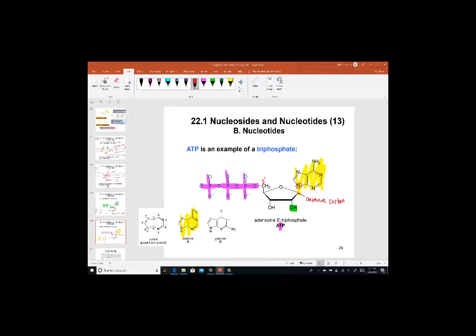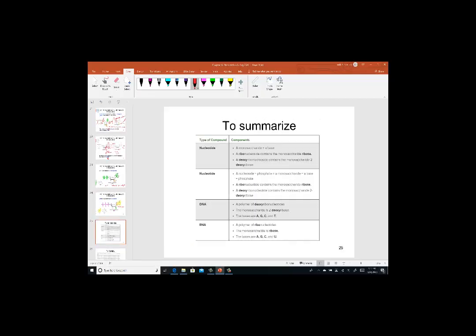You've got some really good memory work to do here. If it were me, my recommendation is flashcards to learn the 5 bases. Let's summarize. The term nucleoside means that it's composed of 2 parts, the sugar and the base.